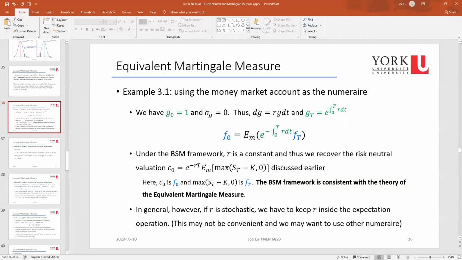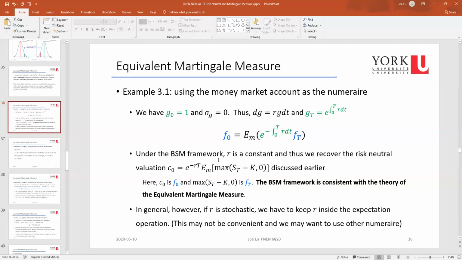And here we have Ft divided by Gt, but Gt is e to the power of this integral, and if we move it here as a multiple, it becomes e to the power of minus this integral.